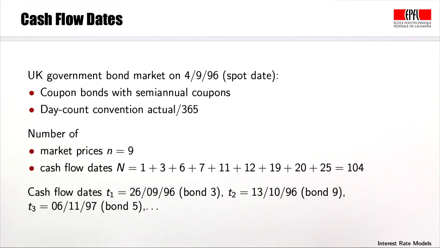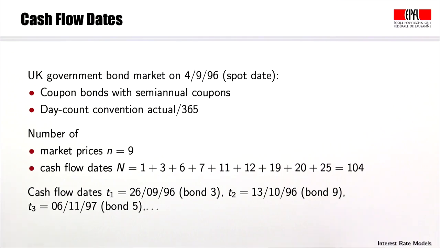If we summarize, these UK government bonds data on the 4th of September of 96 are prices of coupon-bearing bonds that pay semi-annual coupons. The day count convention is actual by 365.